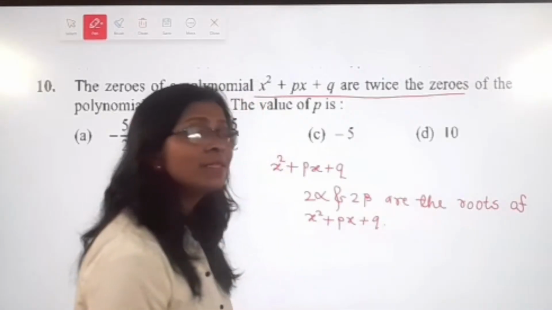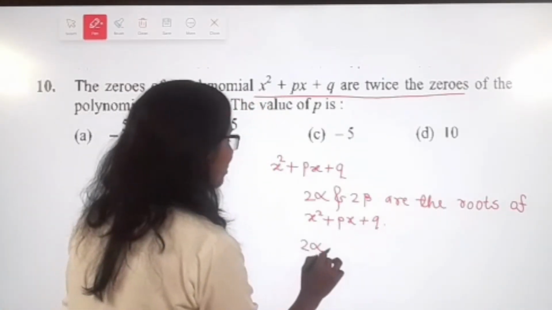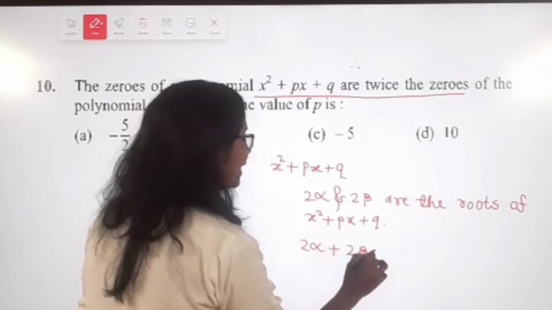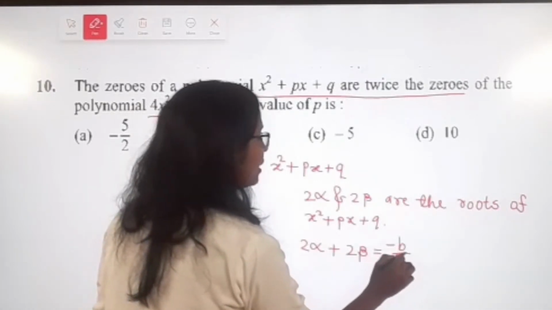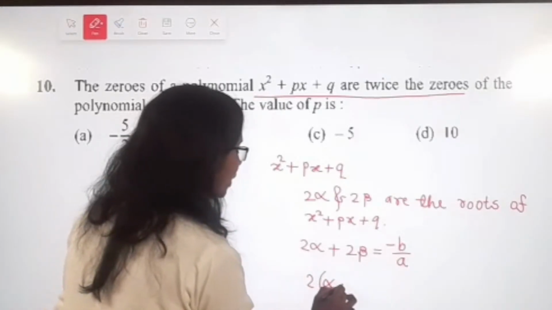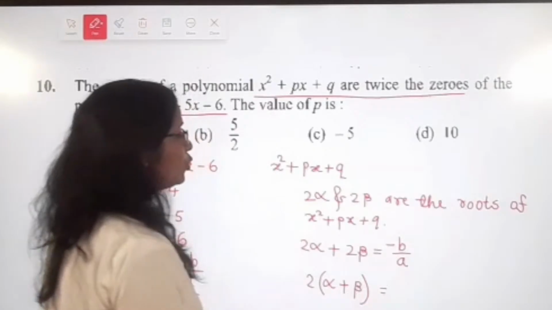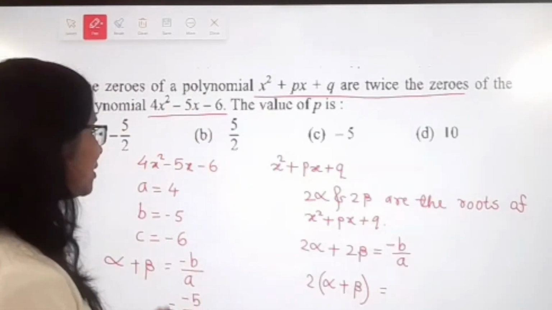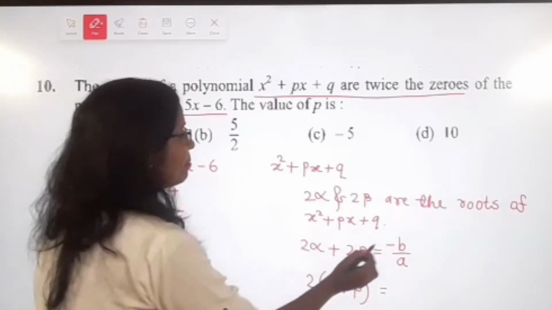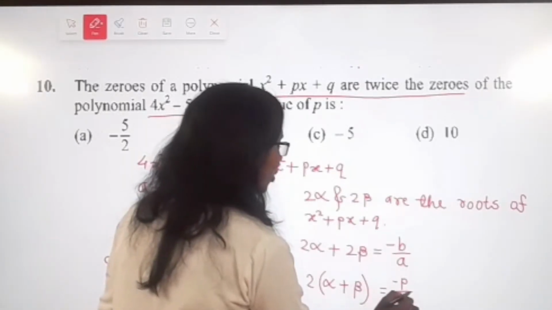That means students, the sum of the roots, 2 alpha plus 2 beta, is equal to minus b upon a. Taking 2 common, 2 in the bracket alpha plus beta is equal to minus b upon a, that means minus p upon 1.